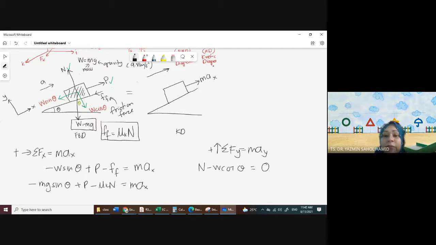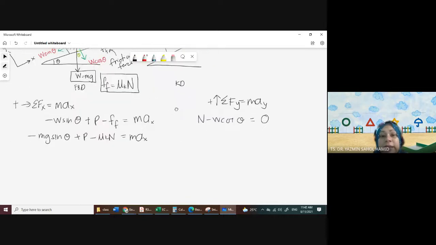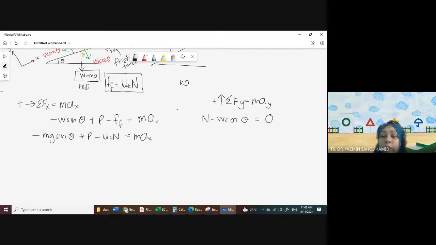So now my question is to calculate the acceleration. So normal force equals W cos theta. If I ask you to calculate the acceleration, all you need to do is, acceleration ax equals, bring everything to the other side.